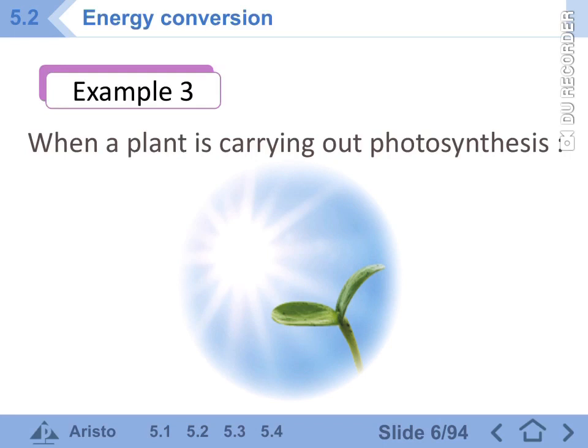Okay, so the next one, we have a plant and it's carrying out photosynthesis from the sun, and it will be collecting energy from the sun and is combined with carbon dioxide to generate starch, which is the energy for the plant, and giving out the byproduct, and a lot of you know what that is, oxygen. Okay, so oxygen is actually a byproduct of photosynthesis.